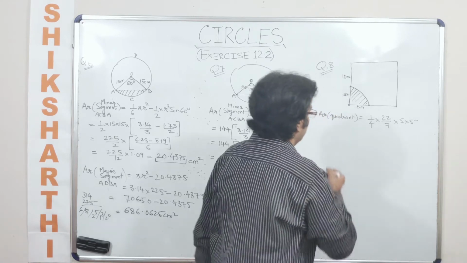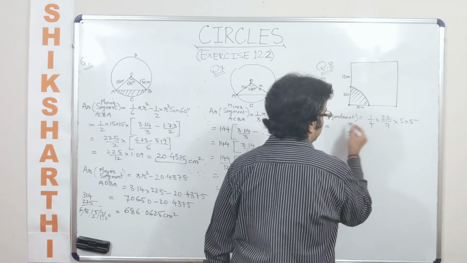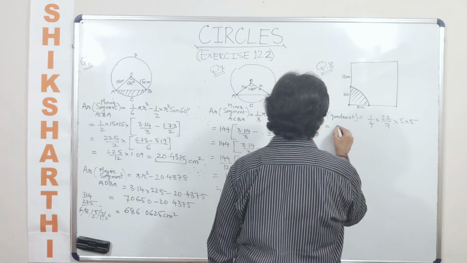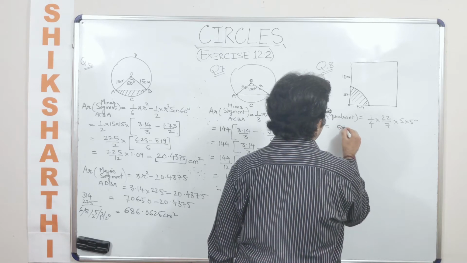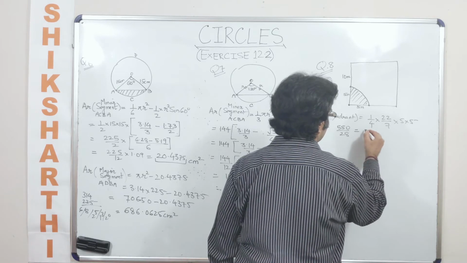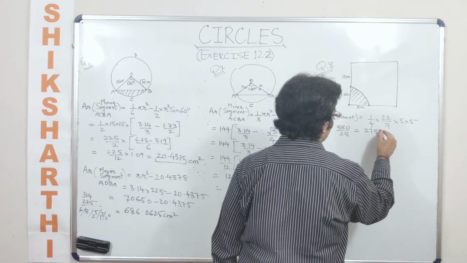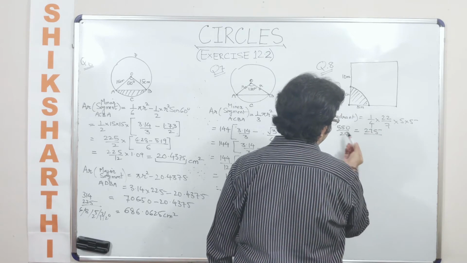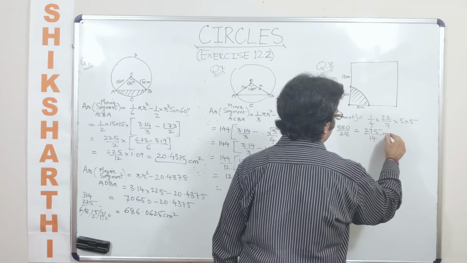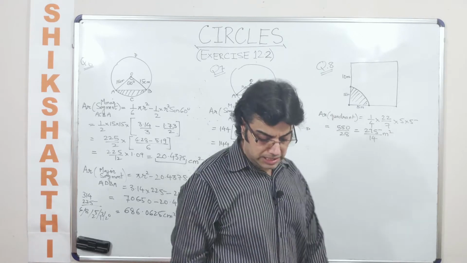Okay, so can I say this will be nothing but 25 into 22, which is just like saying 50 and 50, which is 550 divided by 28, which further can be written as 275 divided by 14 meter square. This is how we can leave it.